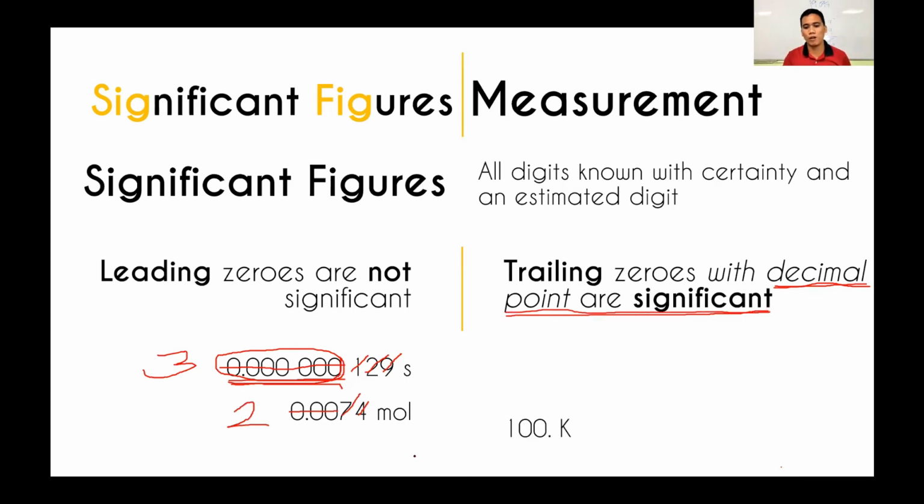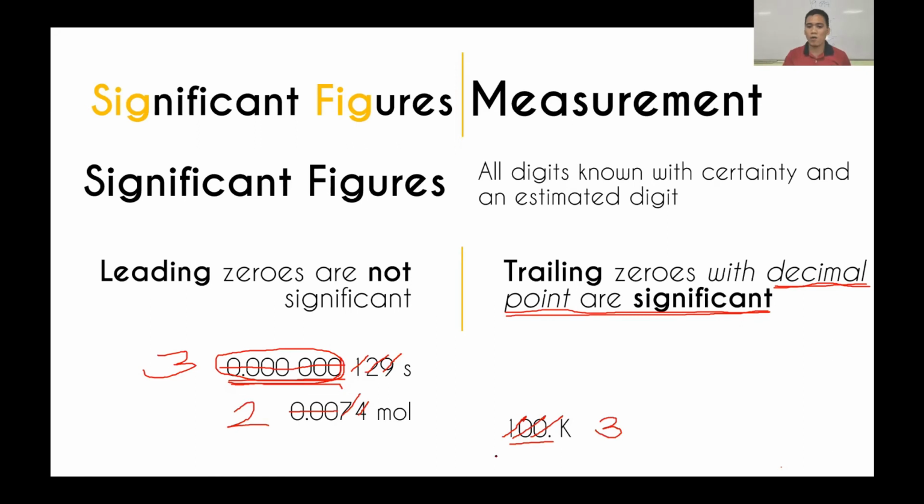So for example, 100. Kelvin. This is an example of trailing zeros with a decimal point. So therefore, if it has a decimal point, then we can consider it as significant. So the number of significant figures is 1, 2, and 3.